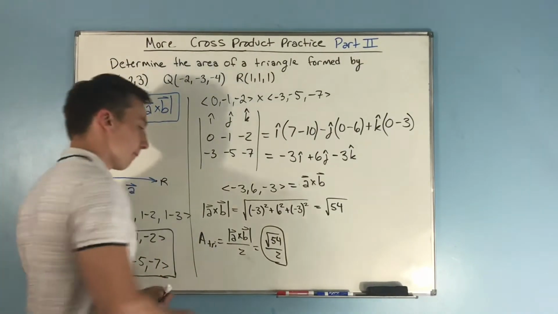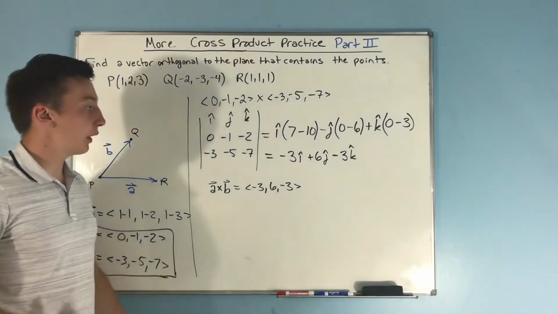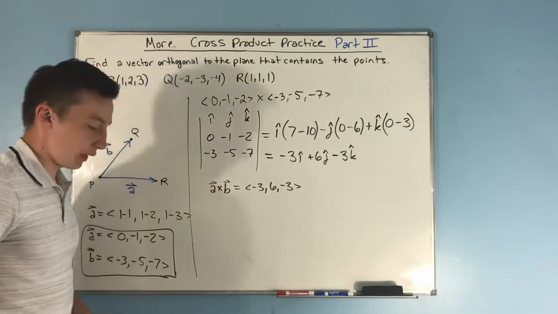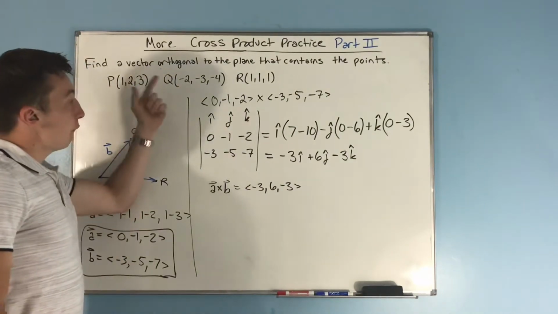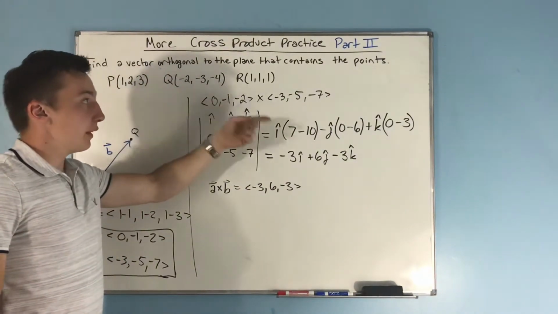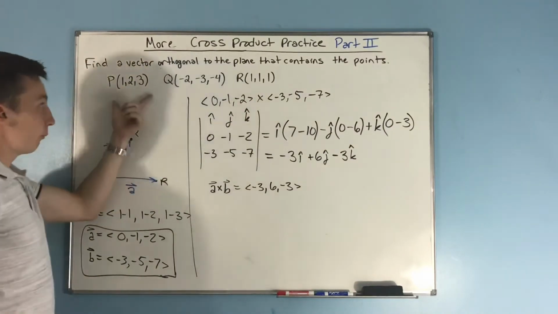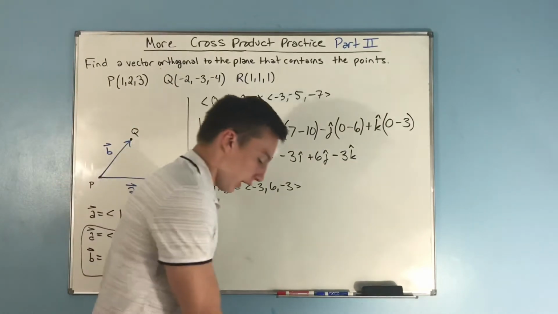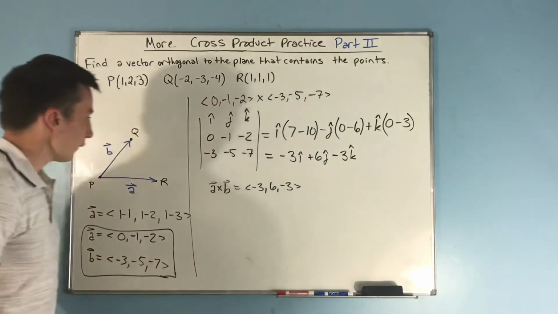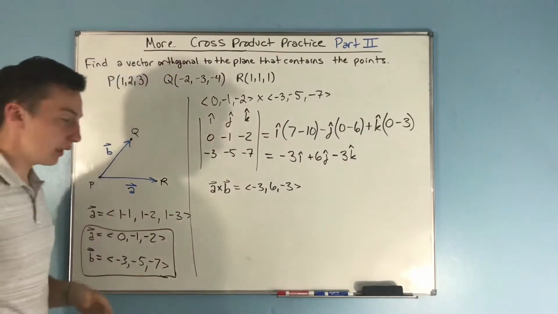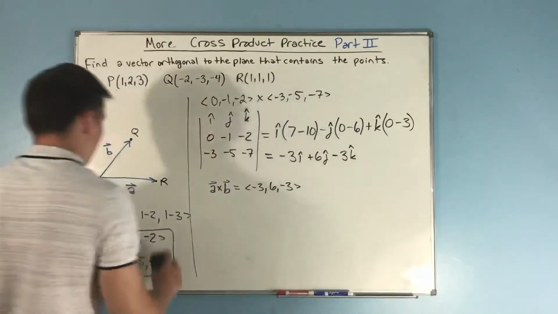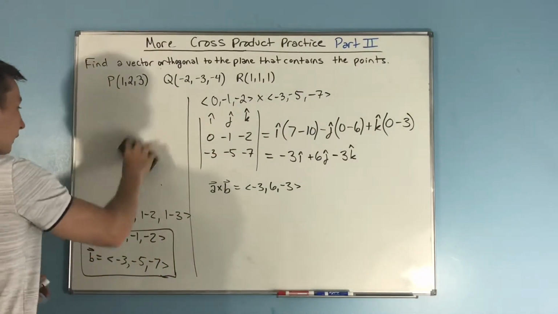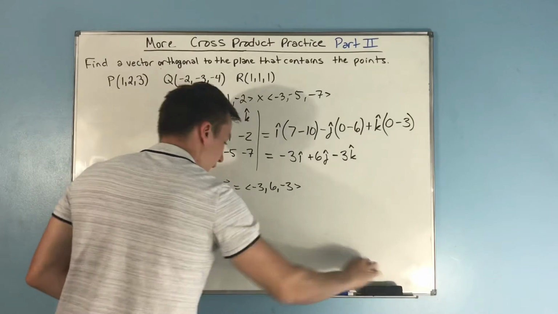Now, changing up the question here, but we're going to have the same points and everything. We want to find a vector that is orthogonal to the plane that contains the points, and we have the same points: (1, 2, 3), (-2, -3, -4), and (1, 1, 1). So now instead of a triangle, what you have is a plane.